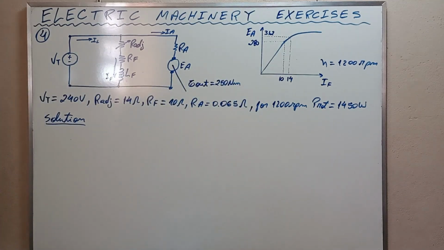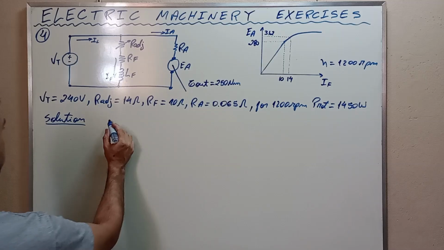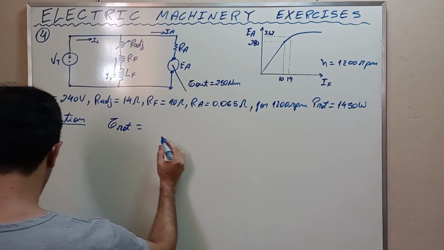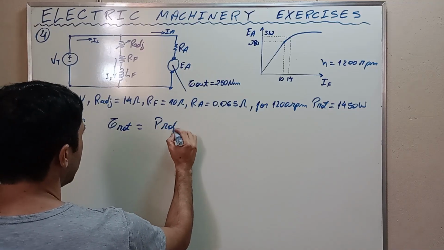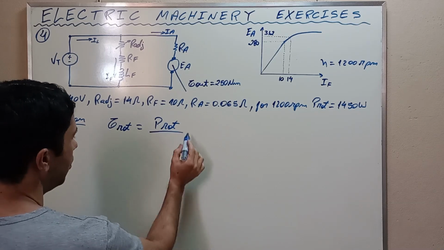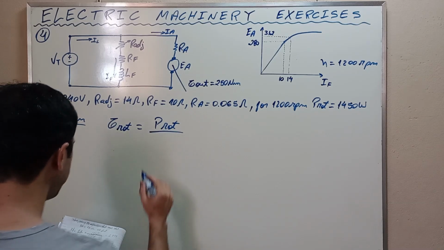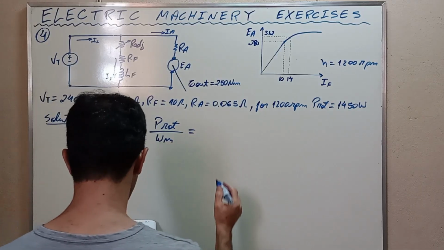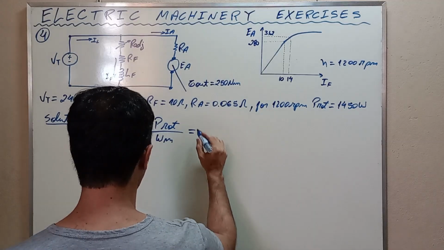We assume that the rotational power loss is proportional to speed. This is equivalent to assuming constant torque for the rotational loss. The rotational loss torque is equal to the rotational power loss divided by Wm, again converted to radians per second.